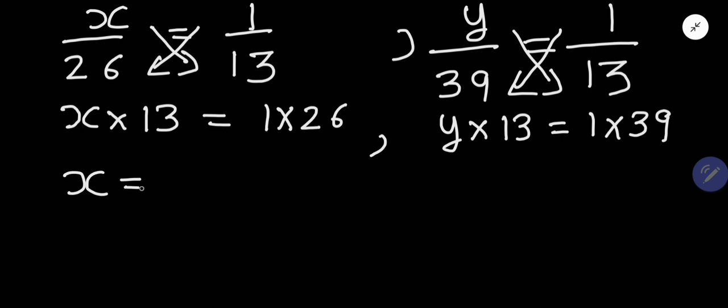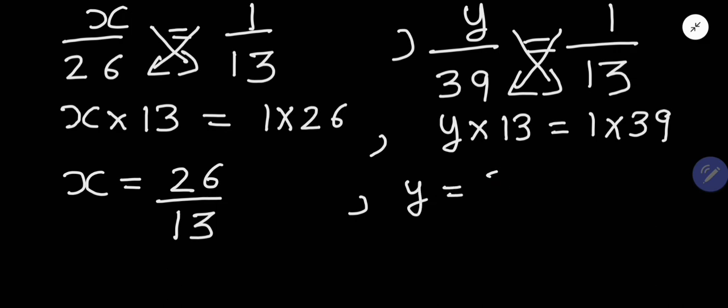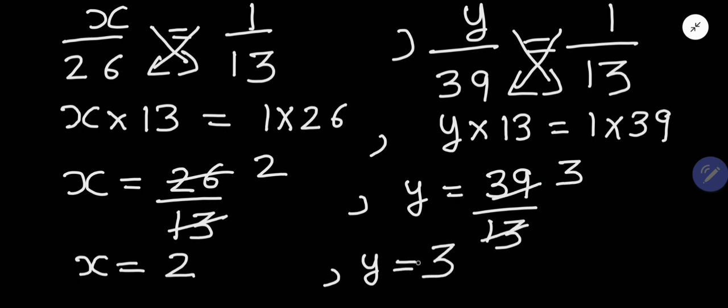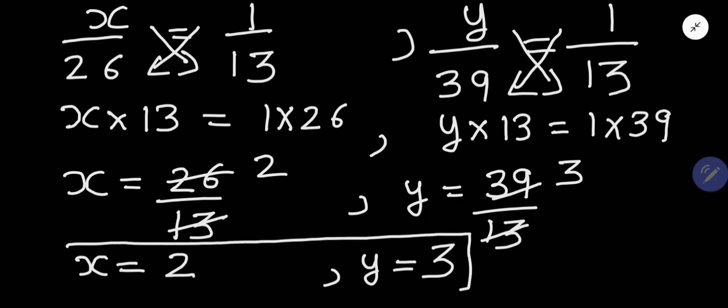X is equal to 26 upon 13 and y is equal to 39 upon 13. So 13 into 2 is 26, so x is equal to 2, and 13 into 3 is 39, so y is equal to 3. So the final answer is x is equal to 2 and y is equal to 3.